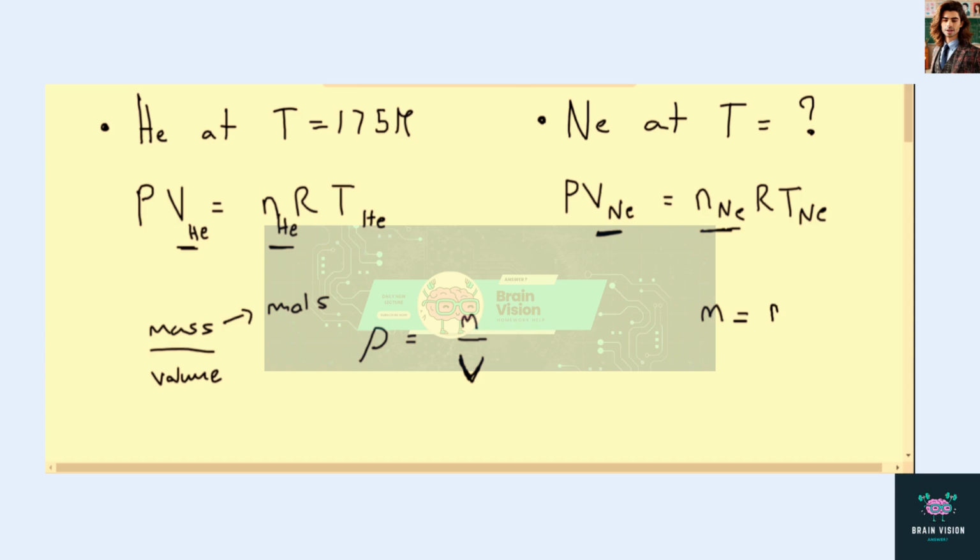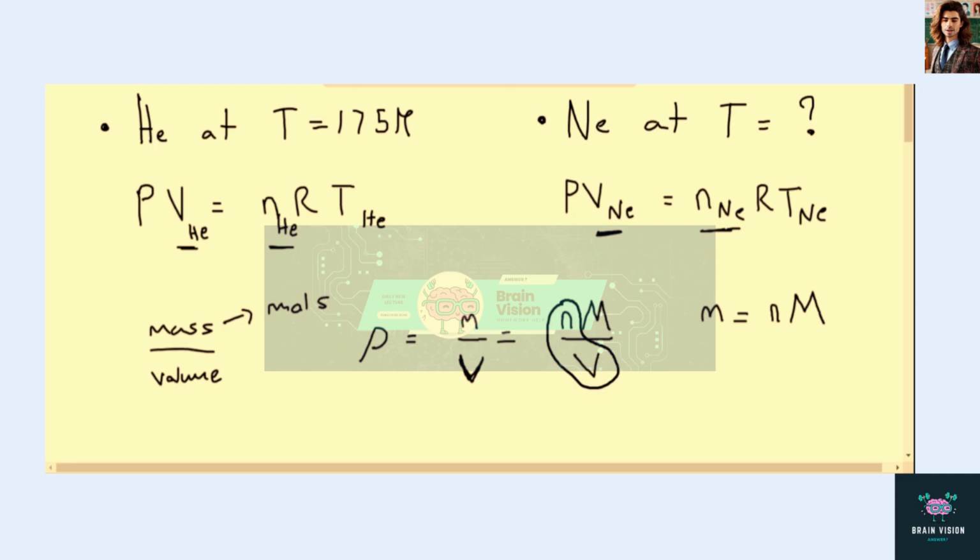So little m is the number of moles times the molar mass, big M. So if we substitute that into our equation here, we'll have little n times big M over big V. So actually, what we can do is substitute out for n and V in our ideal gas law in terms of the molar mass and the density.